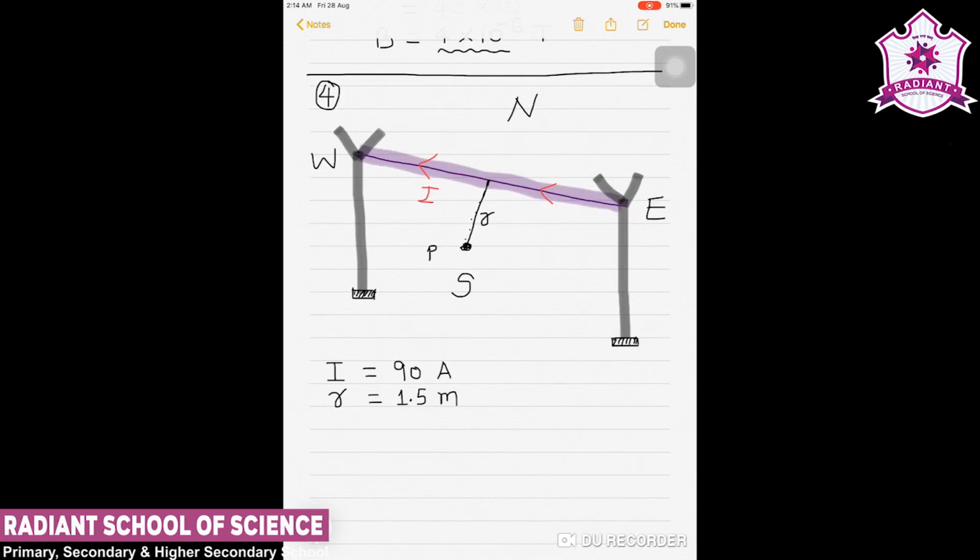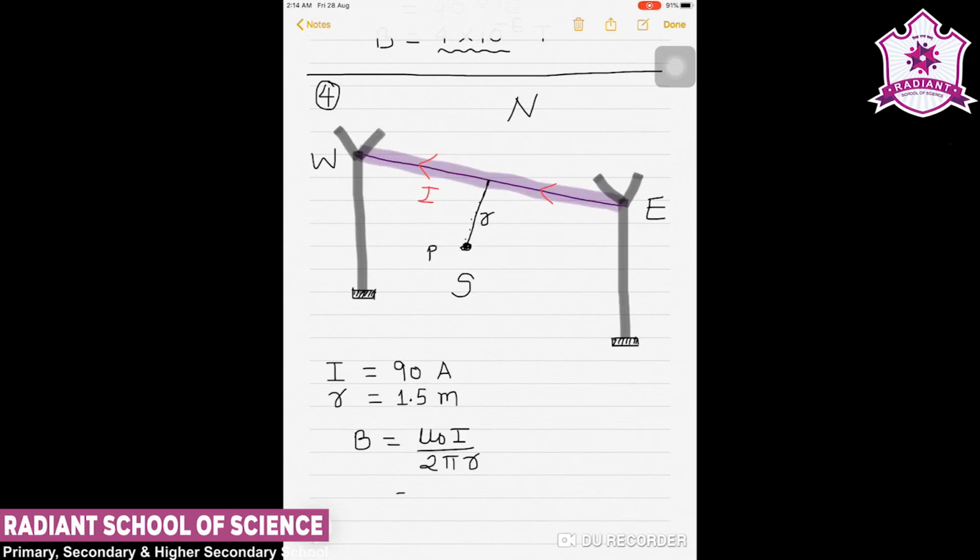So again, for the magnetic field, the equation is very clear: mu 0 I over 2 pi r. This is as per Ampere's circuital law.